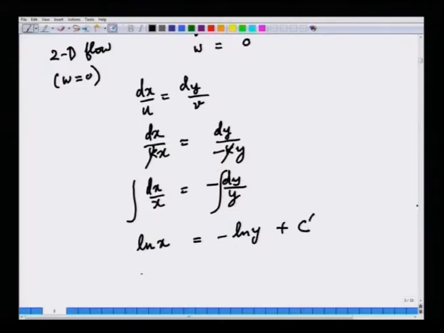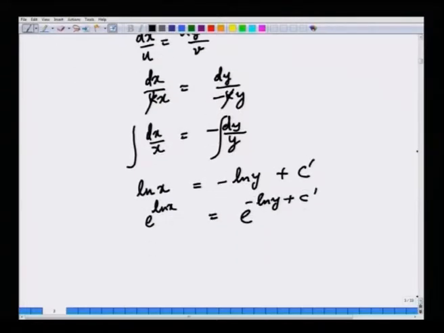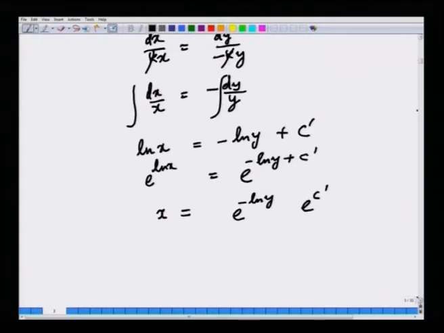If I exponentiate both sides, I get e to the log x is e to the minus log y plus c prime. e to the log x, the natural log of x, is simply x. e to the minus log y times e to the c prime. So, e to the minus log y can be written as e to the log y to the minus 1, times e to the c prime.